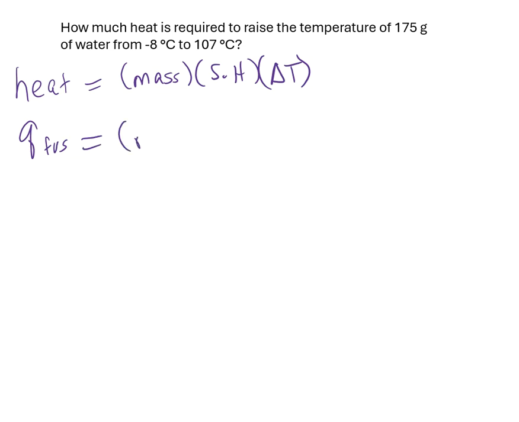So that means that we have to multiply our mass times the heat of fusion. And then once we get to the liquid, it's going to heat up. We go back to that first equation. And then in order to go from the liquid to the gas phase, we have to undergo vaporization.